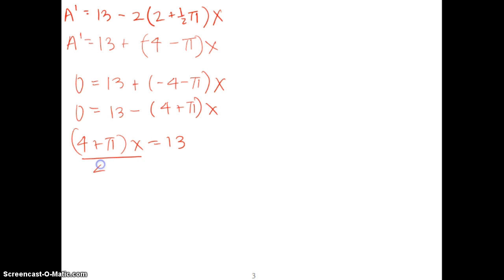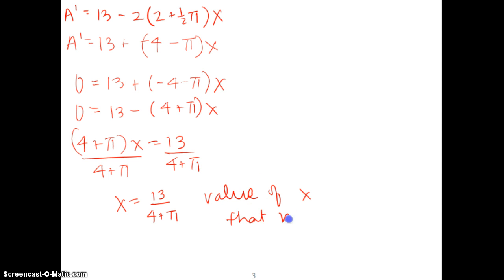Then we divide both sides by 4 plus pi. We get x equals 13 over 4 plus pi. So that 13 over 4 plus pi is the value of x that maximizes the area.